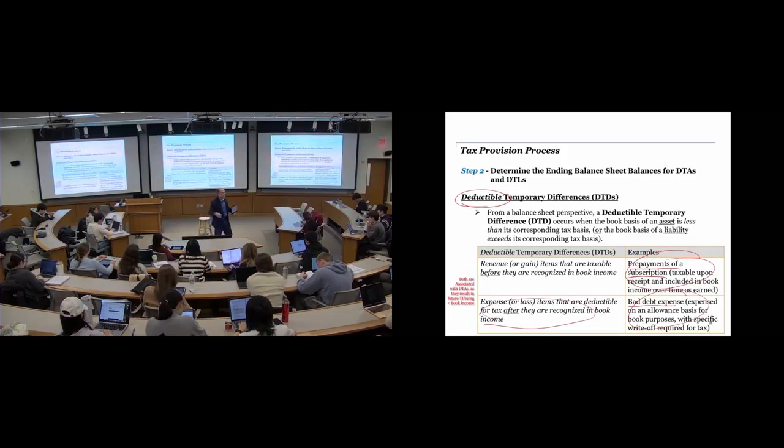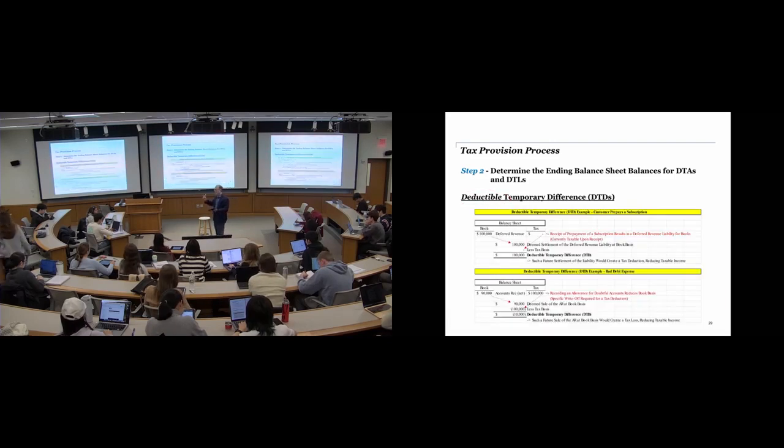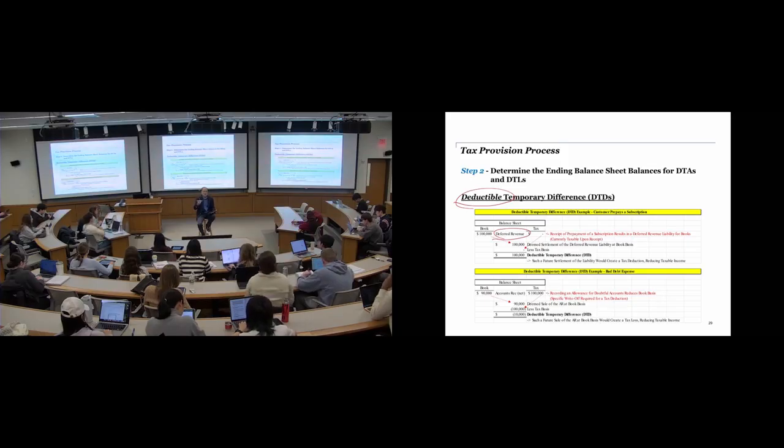That's the liability for accounting purposes, that I have to provide this service to recognize the rest of the income. So doing that same thing we did with taxable temporary differences, we're going to do with deductible temporary differences. For that deferred revenue item on the prepaid subscription, book has a basis in that liability of $100,000, right? Think of the journal entries that were created. I got cash in at the start of the subscription for $100,000.